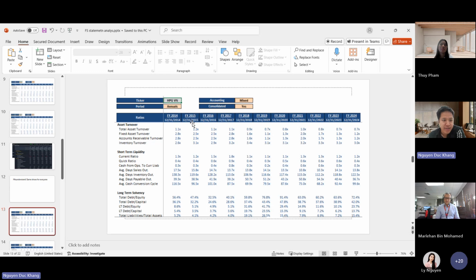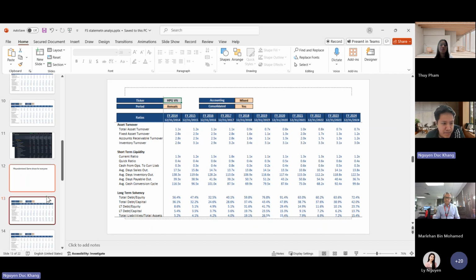This is SPG. For SPG, their long-term debt to equity is like 23%, and total debt to total capital is 42. So their debt to equity is, I think, 40/60.